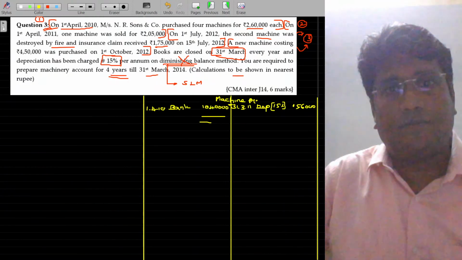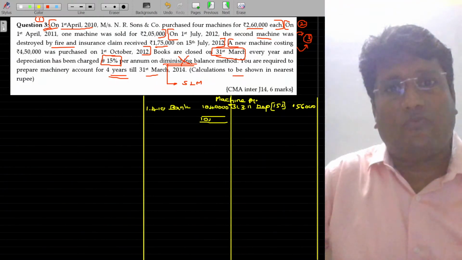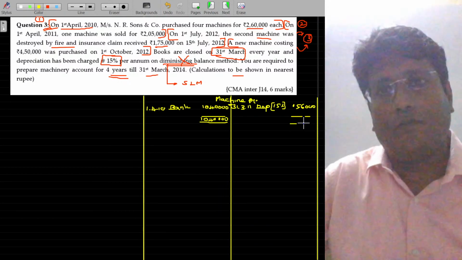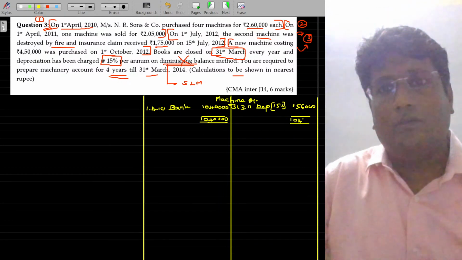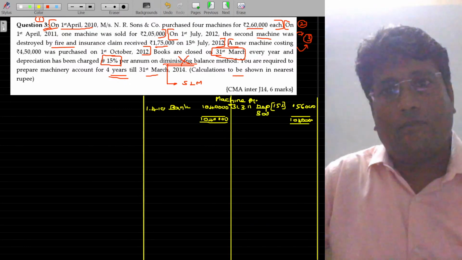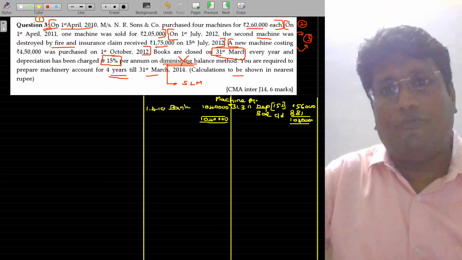Now I am closing this. 10 lakhs 40,000. And then the balance carried down being 8 lakhs 84,000.